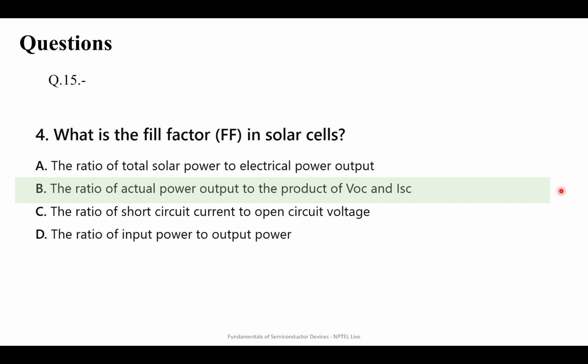So fill factor is the ratio of your power output to the product of VOC and ISC. For a solar cell we got VOC and ISC, the maximum possible voltage and the maximum possible current.